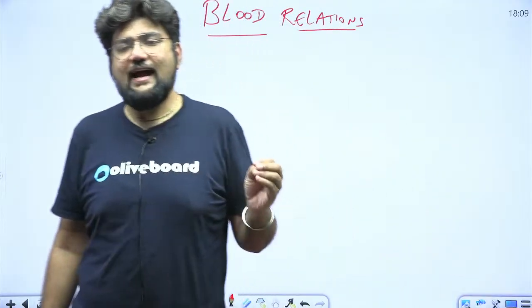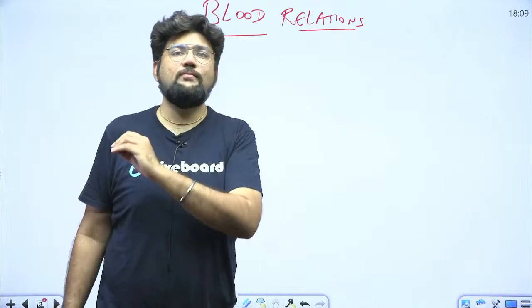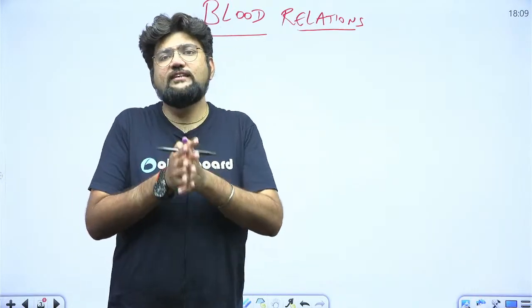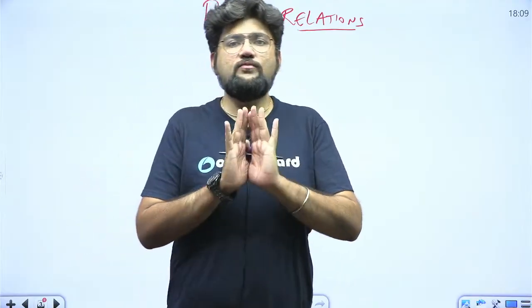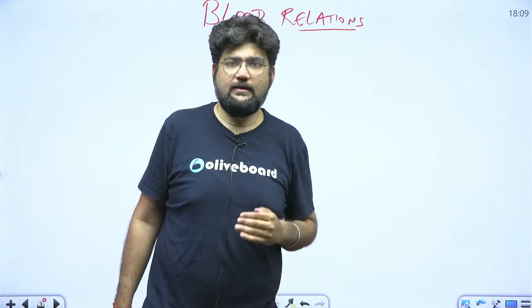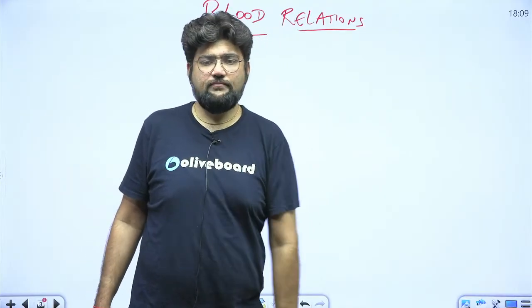So to avoid that, the primary rule of importance here is that you do not assume anything no matter what. You do not attach to yourself. You do not keep yourself at the center of your assumption of your tree formation. You will observe all the relationships like a third party, like a neutral person. You will not get involved in the question. Clear? So far so good?